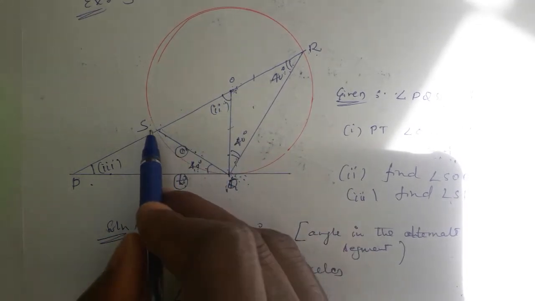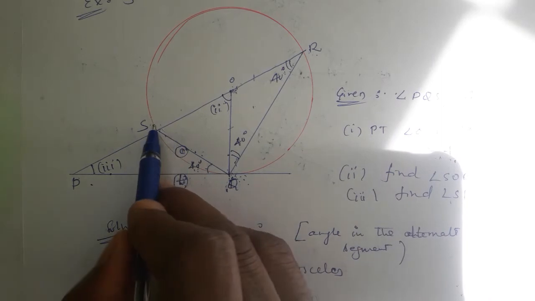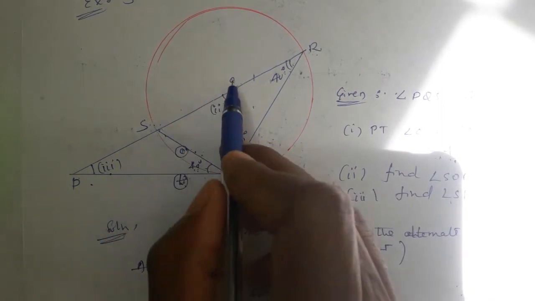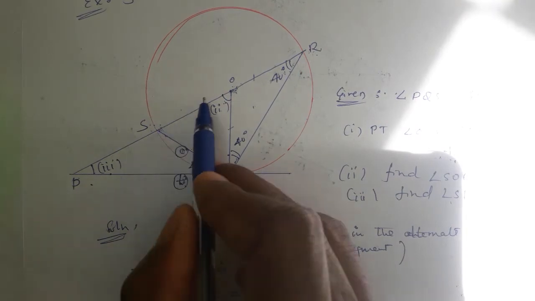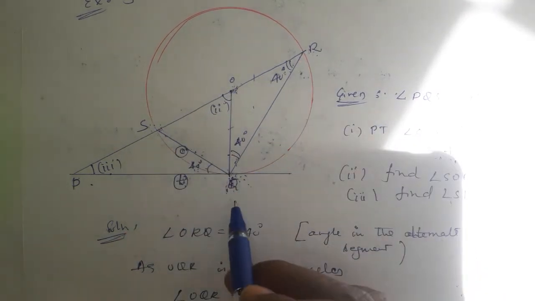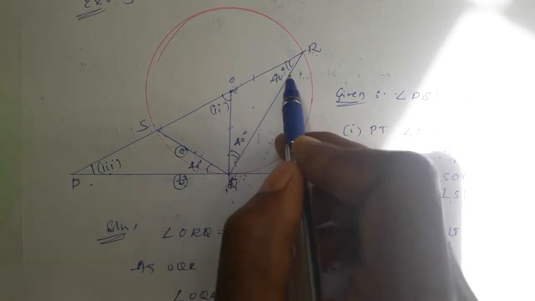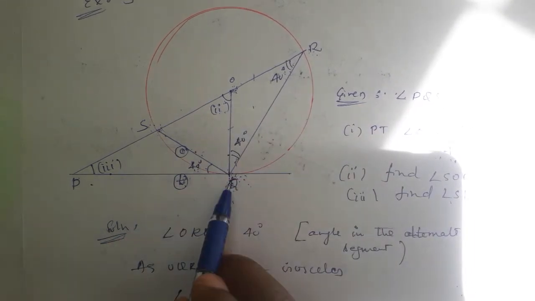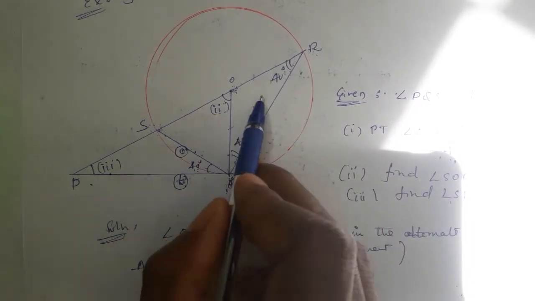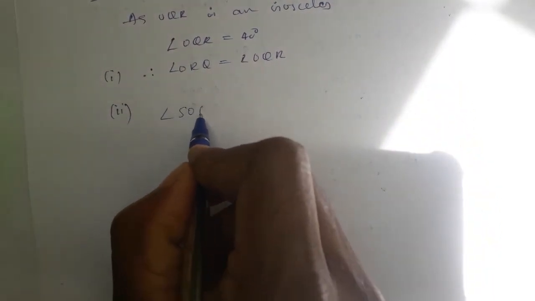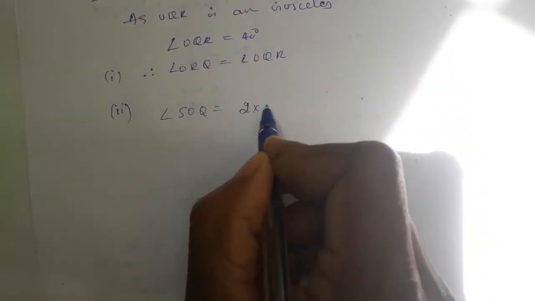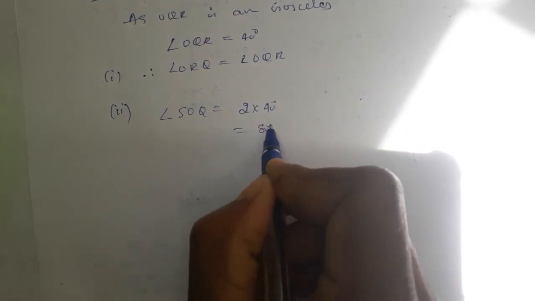SOQ is at the center, SRQ is at the circumference, and both start at S and end at Q. So here 40, definitely here 80. Angle SOQ is equal to 2 into 40, equal to 80 degrees.